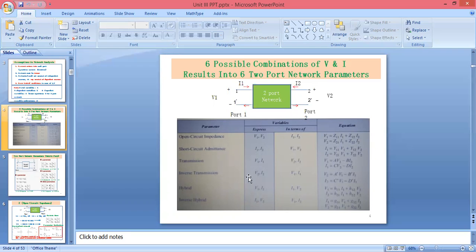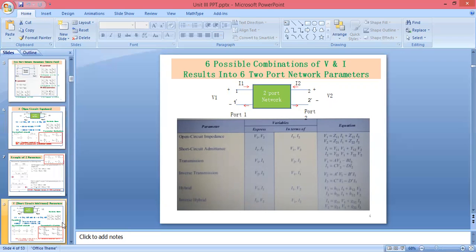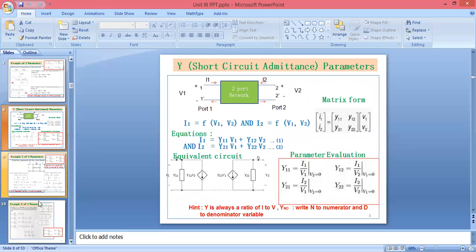On these parameters we have 6 different combinations, and on these equations we only consider one value of current or voltage as 0 volt or 0 ampere, and we take the remaining values as they are. So you will get the value of Z, Y, A, H, A dash, H dash. So we will get these equations. In today's session, we see the example for Y parameter.